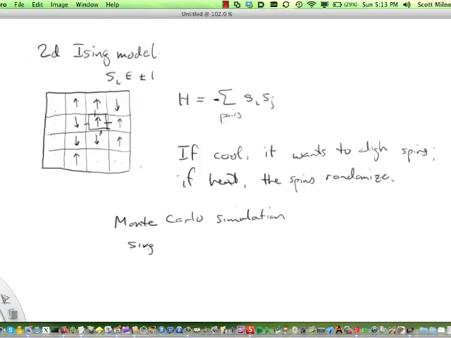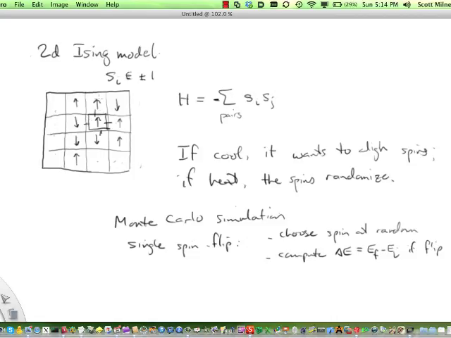It's called a single spin flip simulation, in which you choose a spin at random, and then you compute the change in the energy that would occur if that spin were to flip, just by considering what are the interactions of that spin with its neighbors now, and what would the interaction be if you flipped it.